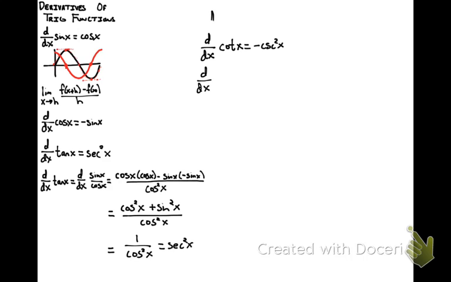The derivative of secant x is equal to secant x times tangent x, and the derivative of cosecant x is equal to negative cosecant x cotangent x. Now I would encourage you to derive all three of these using sine and cosine and the quotient rule. At a minimum, make sure you have all 6 memorized.